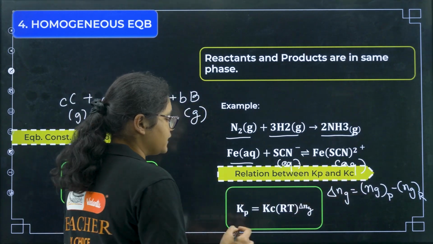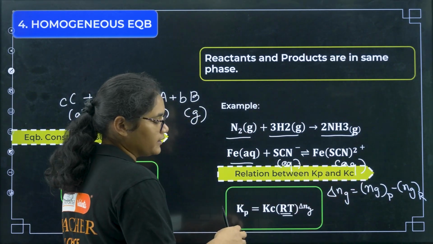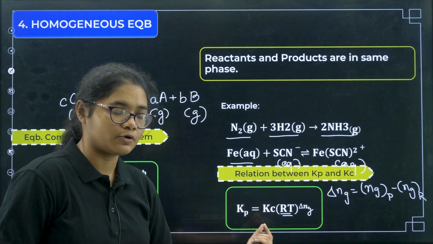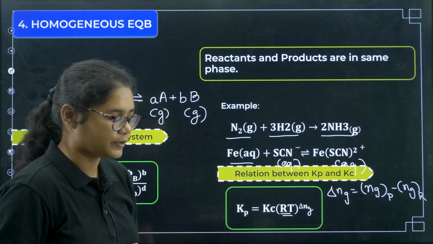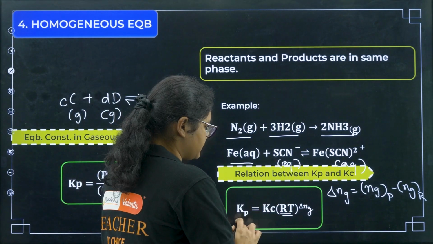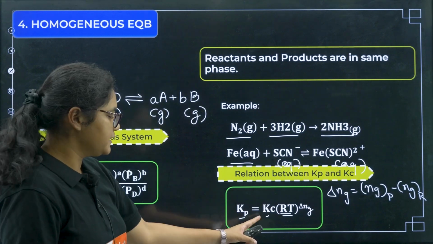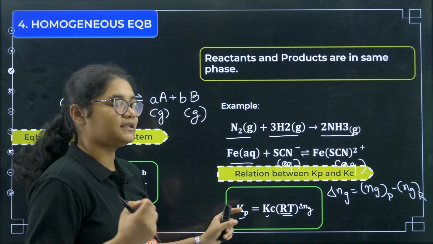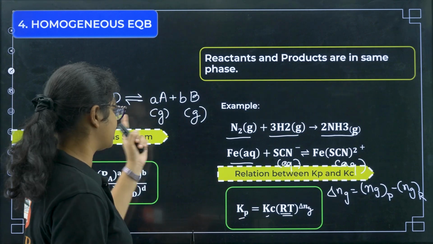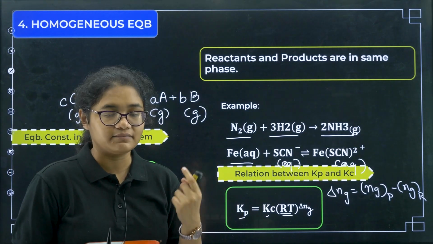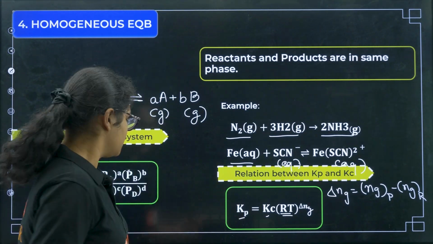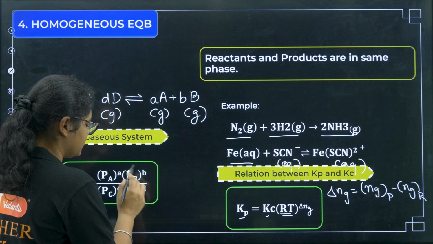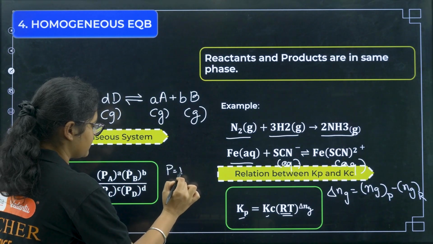And one more important thing, R and T are there: R is the universal gas constant and T is temperature. So this is the relation between Kp and Kc. Kc is the equilibrium constant when concentrations are taken. Kp is the equilibrium constant when the reactants are in the gaseous state, and we take pressure as the term. Pa, Pb, Pc, Pd are all the pressure terms, right? Pressures.